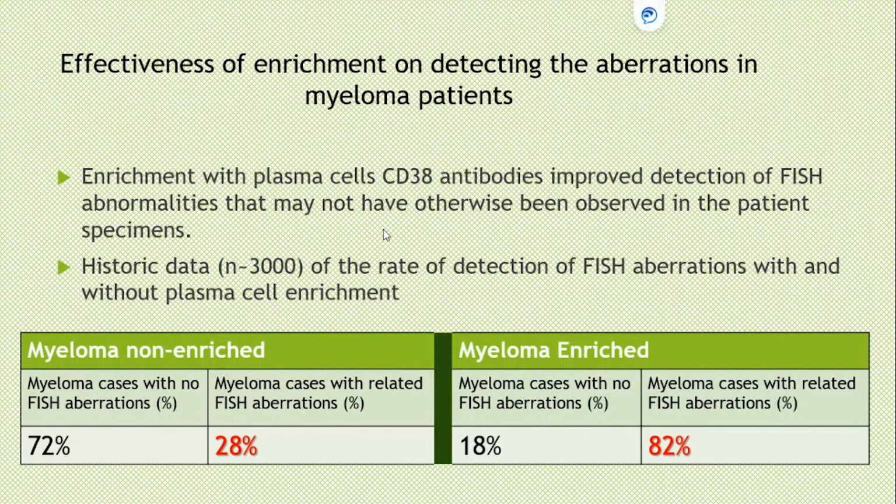At the right-hand side, you can see not the same patients, but a group of 1,500 patients that we did enrichment on and then did FISH testing on the enriched cells, and over 80% show abnormalities. I mean, the difference is humongous, and you can see how effective the enrichment is to address the low-level abnormalities missed by FISH.